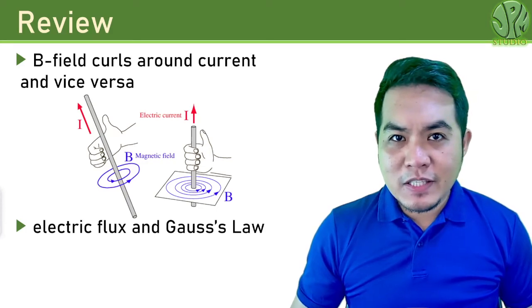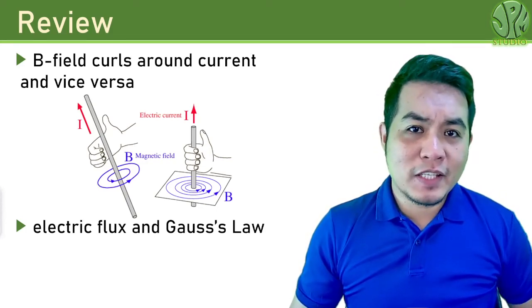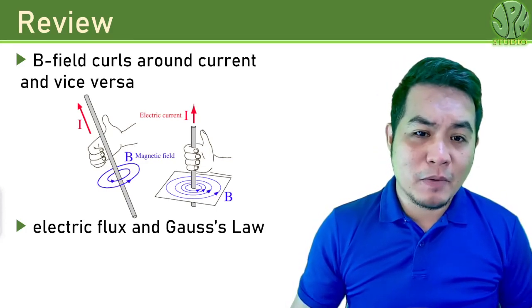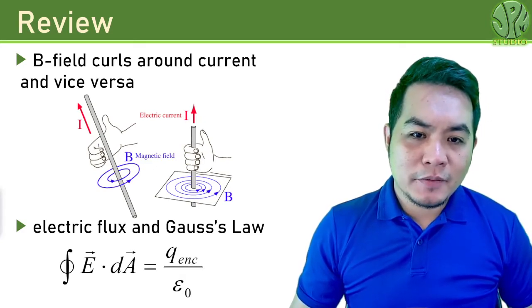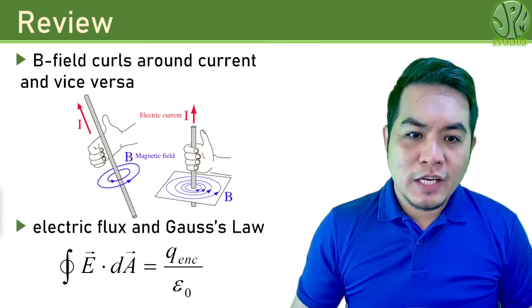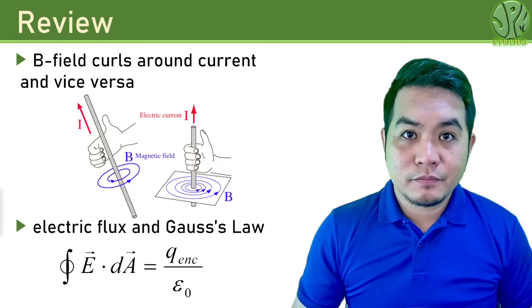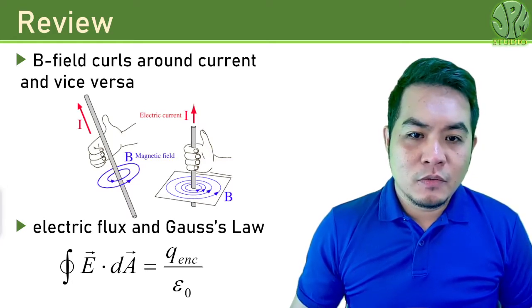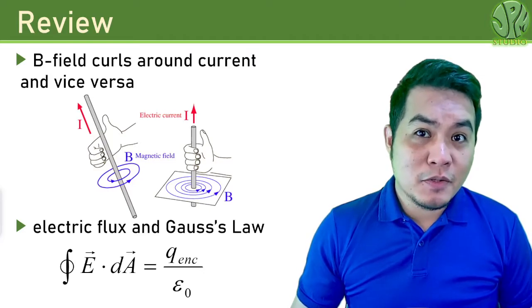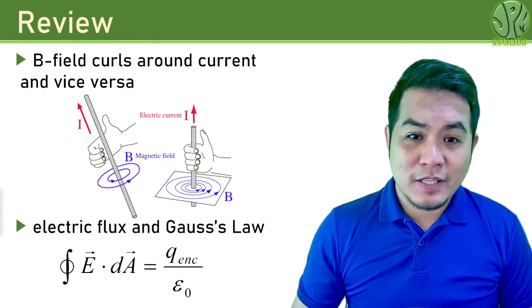In the previous chapter on electrostatics, you discussed Gauss law, and you defined the electric flux, which just depends on the charge enclosed by a Gaussian surface.